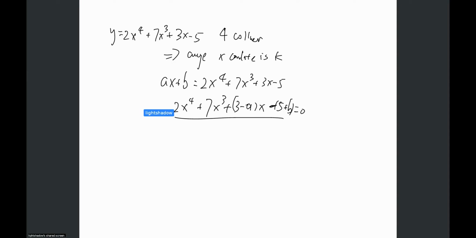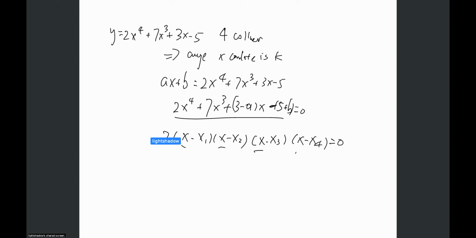So firstly, if there exist four real roots, let them be x1 to x4. I can express it as 2 times (x minus x1)(x minus x2)(x minus x3)(x minus x4). And if I want to focus on the average x coordinates, it's just picking 3 x and 1 x.